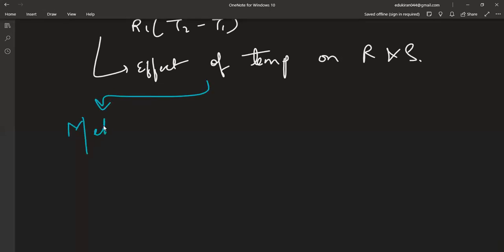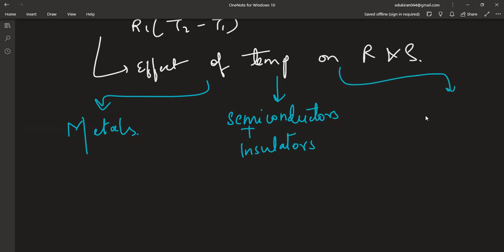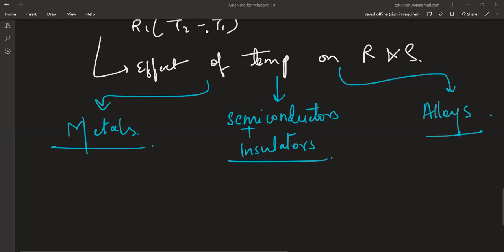First is the case of metals. Second is the case of semiconductors and insulators, both. And third is the case of alloys. Even if something comes in your final exam, you have to mention it like this.